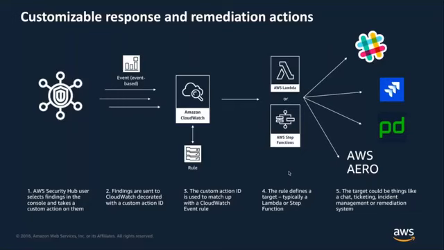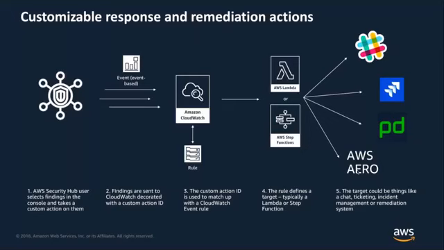I'll show you this in the demo, but the way that it works is that we have this idea of custom actions, and you can create custom actions around sending things to Slack, to a ticketing system, to an incident management system, or to a remediation platform. AWS Arrow is our AWS Professional Services remediation platform. It contains 25 different remediation playbooks, things like isolating instances, isolating users, archiving findings, etc.